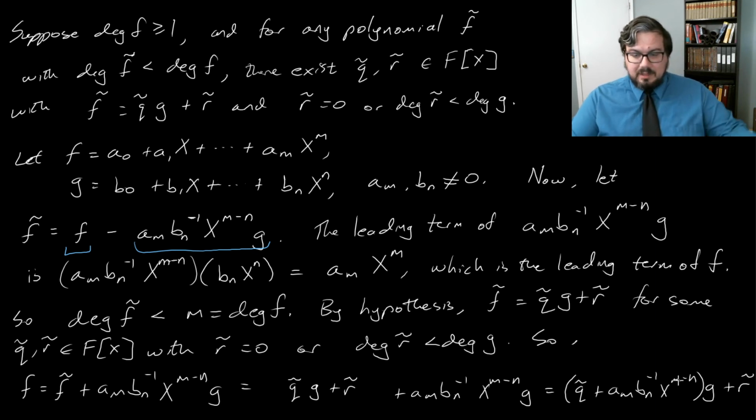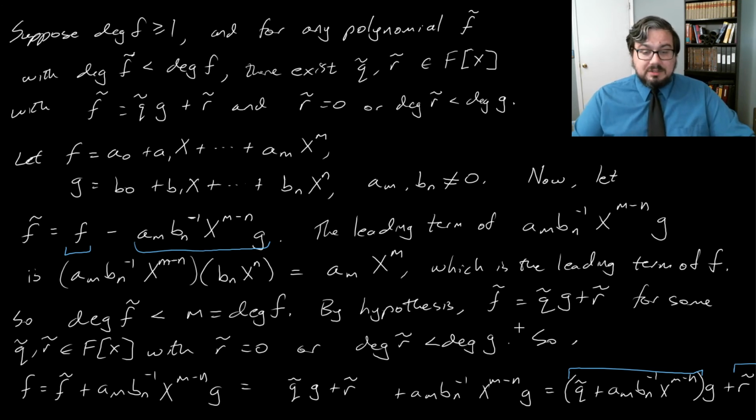And in particular, you'll notice that we've got some polynomial times g plus some polynomial r over here, where r tilde has precisely the conditions that we want. So we're going to let this be our q and this be our r. I'm just noting this before I go to the next page because I'm out of room. But letting this be our q and this be our r shows that it's possible to write f in the quotient remainder form that we've been looking for.